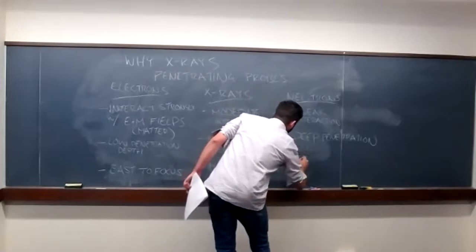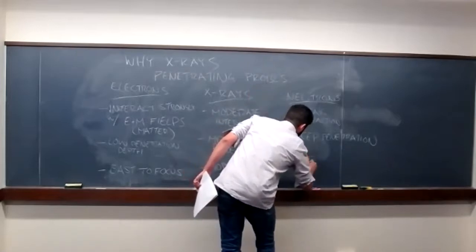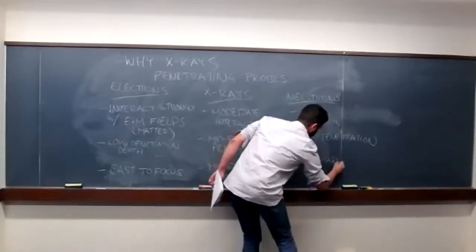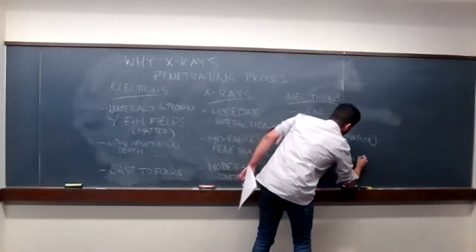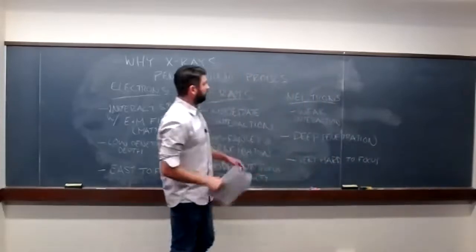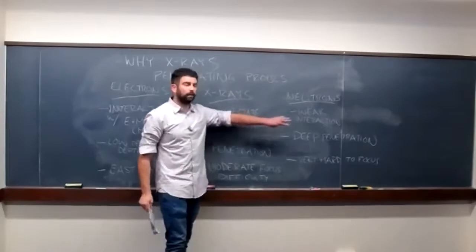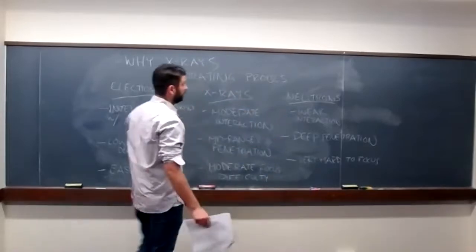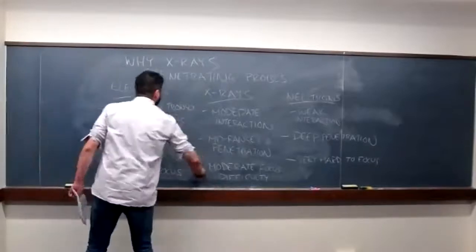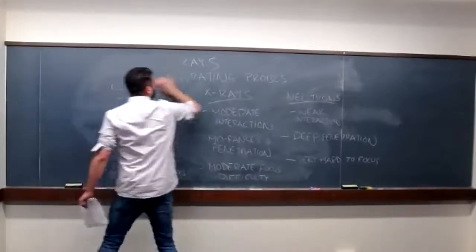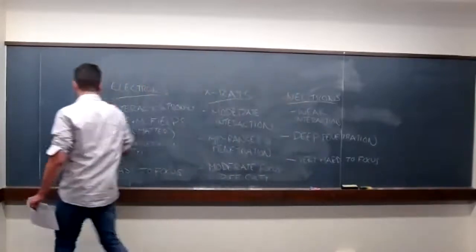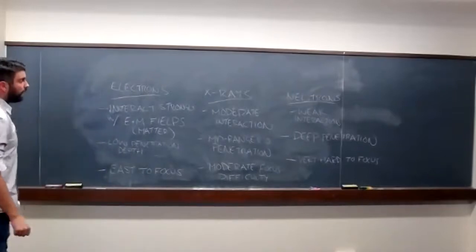But they're very hard to focus. The great thing about neutrons is they go through everything. The downside of neutrons is they go through everything. They're also very hard to detect. But these properties give natural size scales that they're good for looking at, or what they're optimized for looking at.